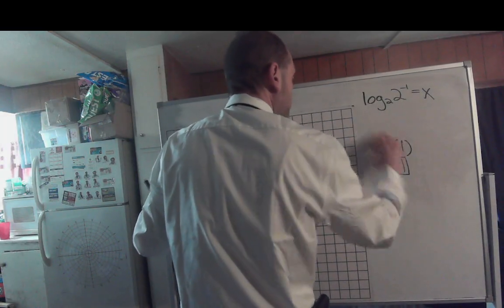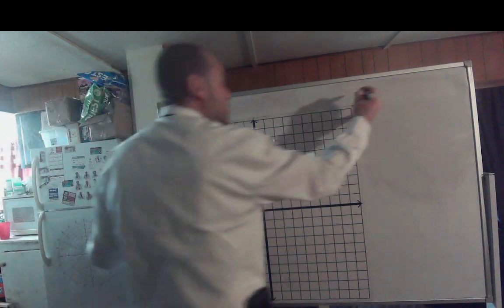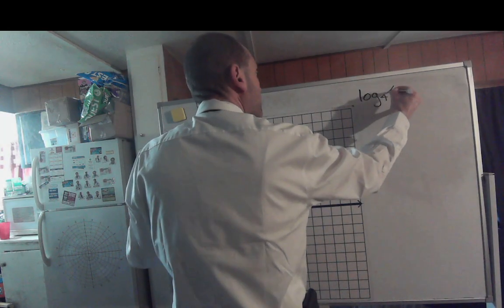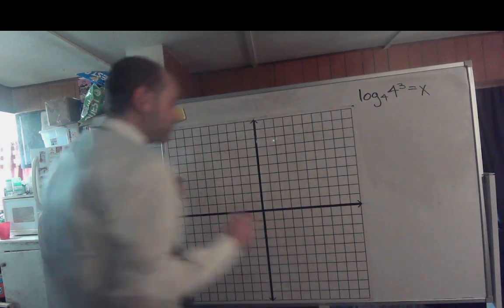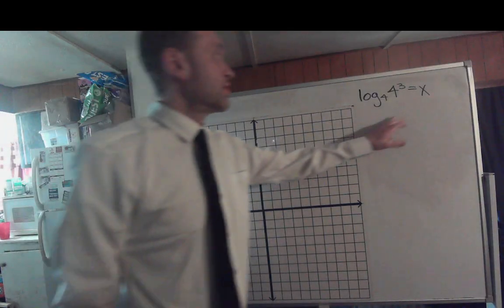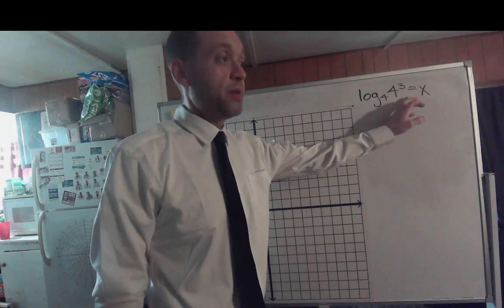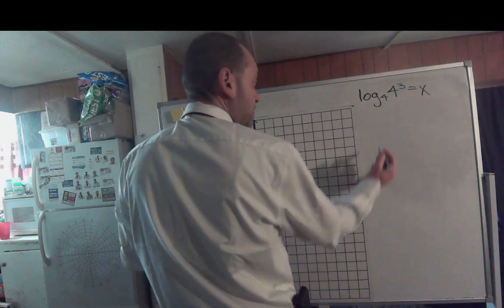See if we can do another example like this. One more. So we have log base 4 of 4 to the third equals x. Well, this is a log of a number to a power, meaning that power will come down front and multiply by that logarithm.